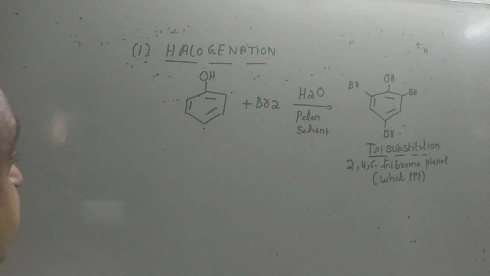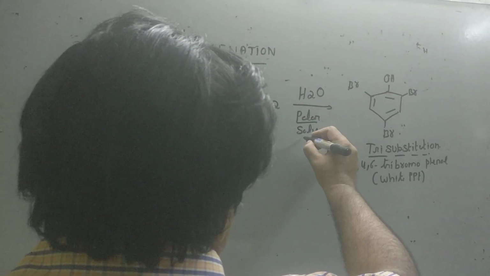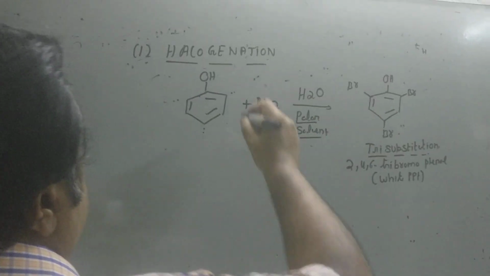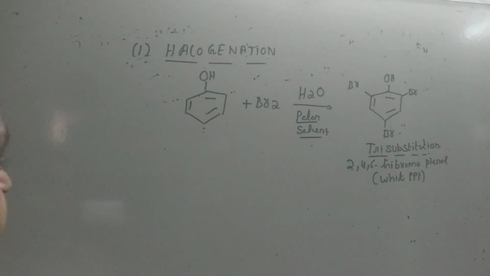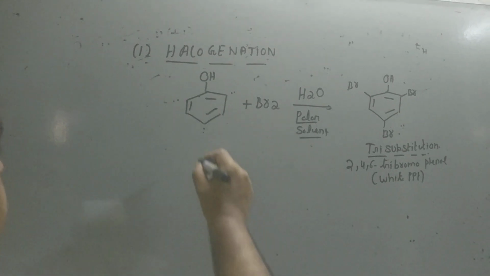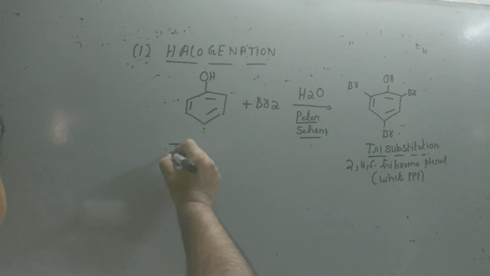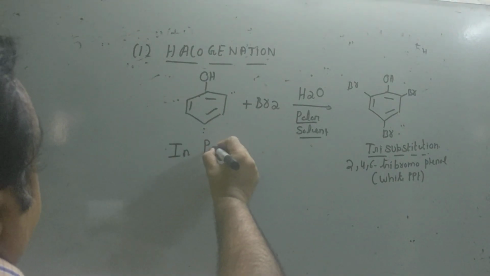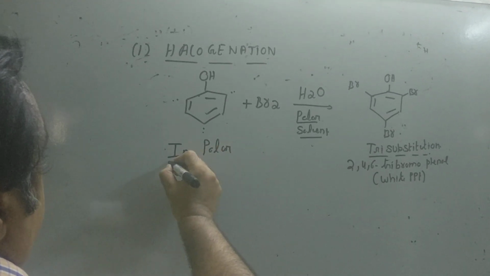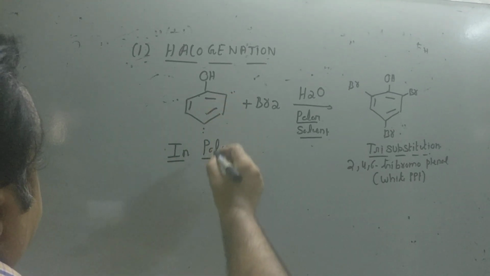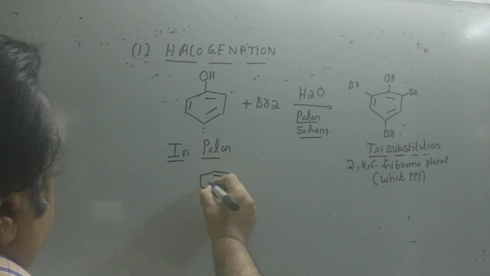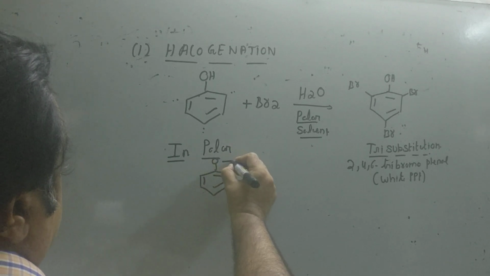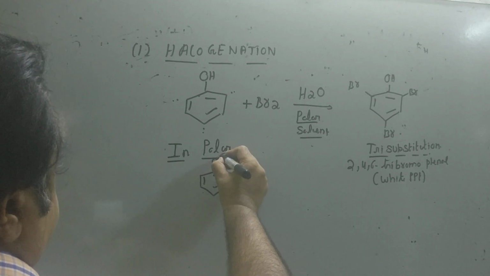Now let's find out why, if we use a polar solvent, we get a tri-substituted product, or why all 3 hydrogens get simultaneously replaced by Br. What is the reason for this? What happens is, if you are working in a polar solvent, phenol is not present in this form. In the presence of a polar solvent, the OH bond of phenol will ionize.